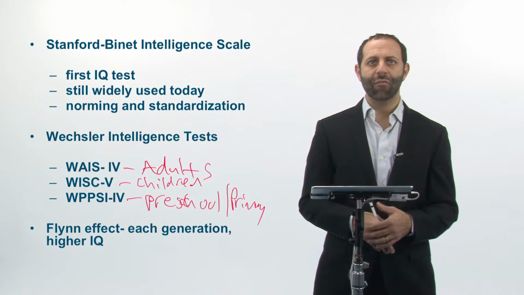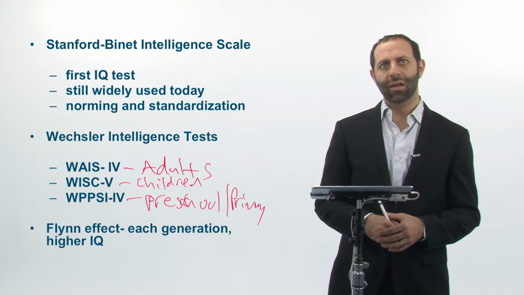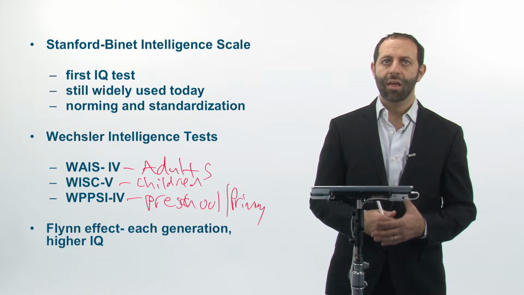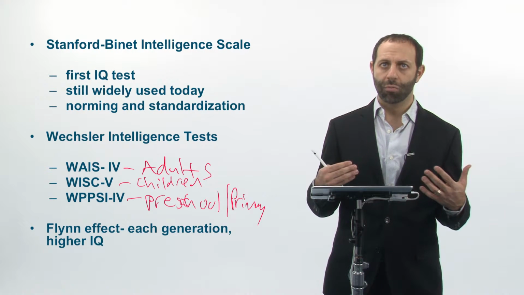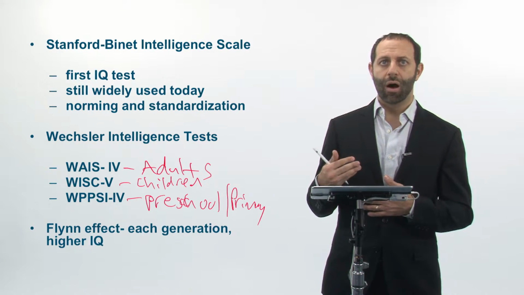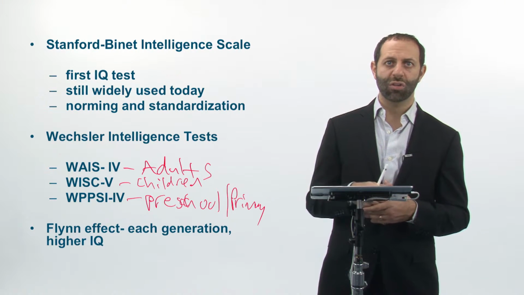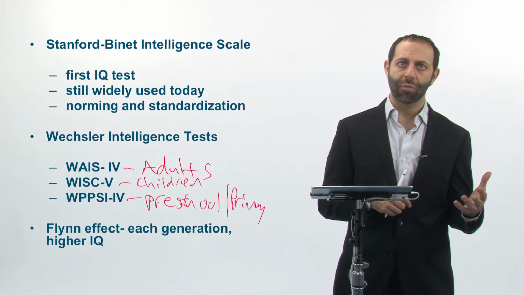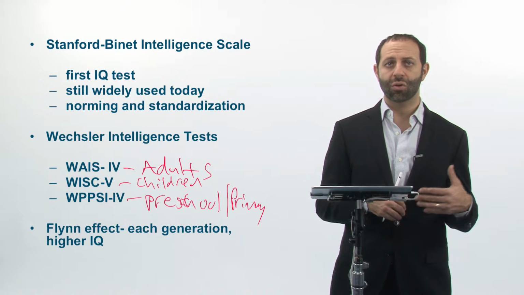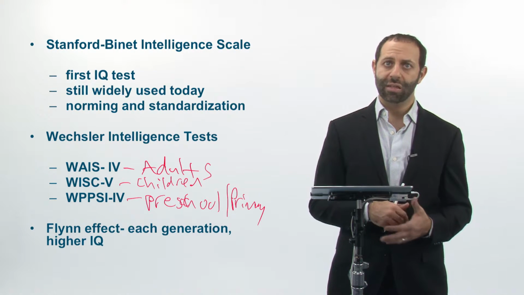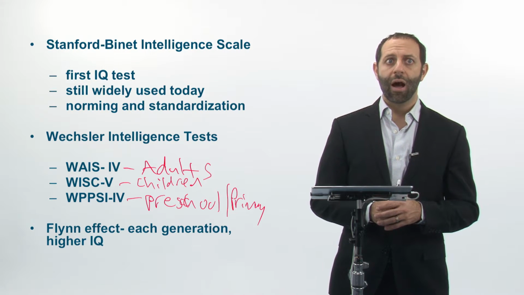And like the Stanford-Binet, the Wechsler intelligence scales are standardized. They are also normed against populations both in the United States and in other countries as well. It's normed in different languages aside from English. It's also normed in Spanish and several other languages as well.